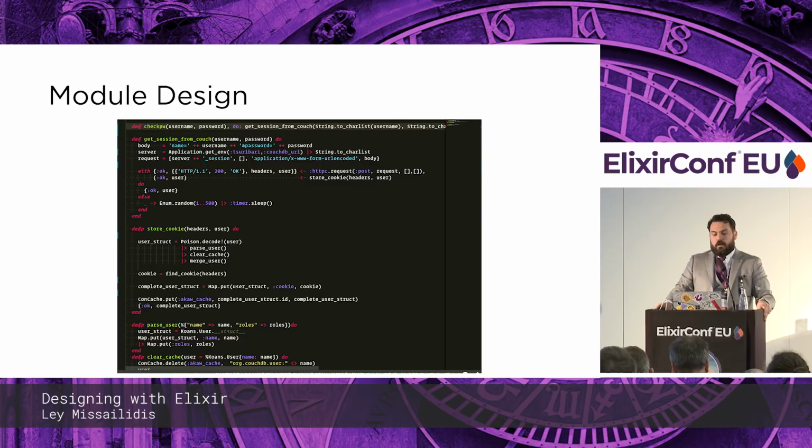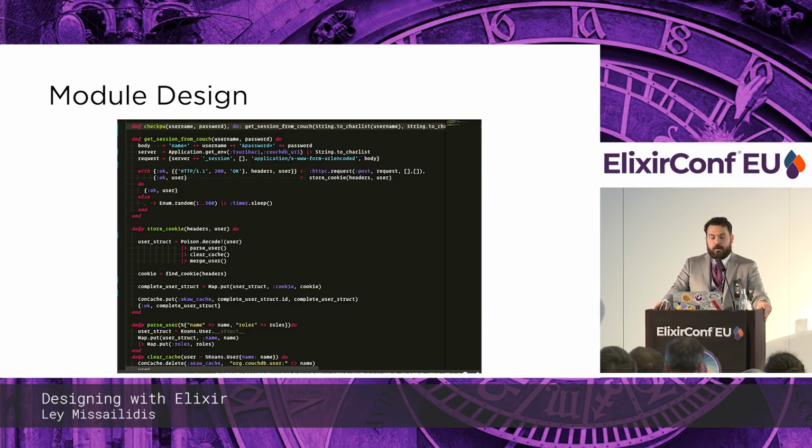So in this case, this would be the parts of the dependency tree. There's a function here which is check password, and it does exactly what you think it does. I've cut off some of it, but basically it accepts the username and password, and then checks with CouchDB whether or not that's a legit username and password, and says yay or nay and grabs the session data.